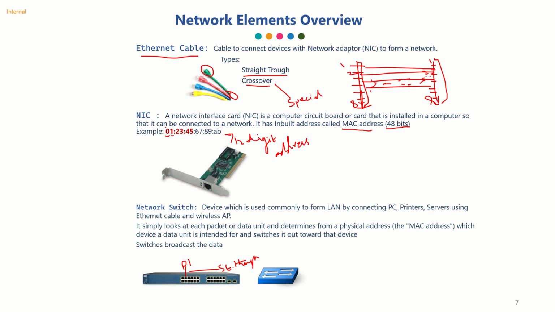Out of this, the first half defines who is the manufacturer, and the second half defines the unique ID.